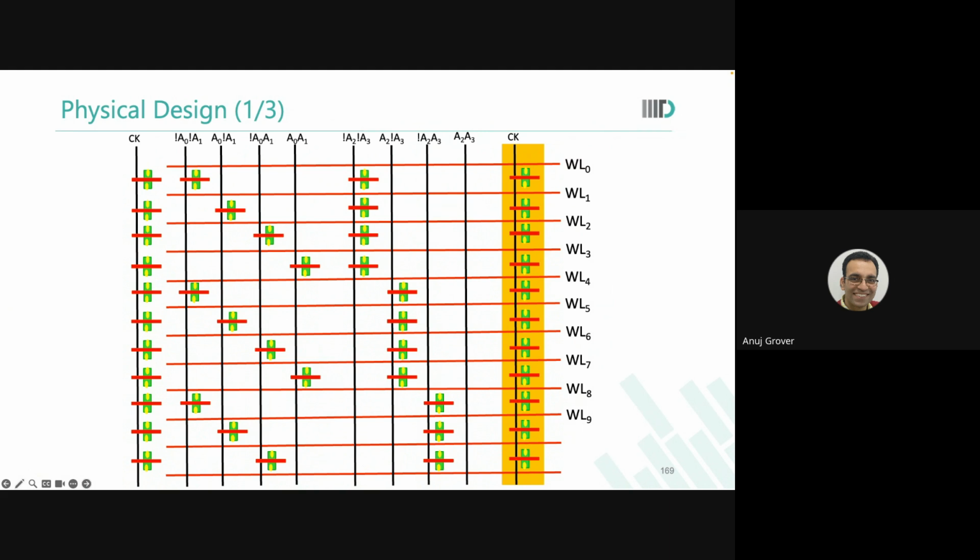So what would happen is that this set of rows, which represent 9, 10, 11, and then 12, 13, 14, 15, where the NMOSs will be far closer to the N-well boundary, will behave differently. Their selection and deselection will happen differently than, let us say, word line 0, 1, 2, 3, because their NMOS is farther away.